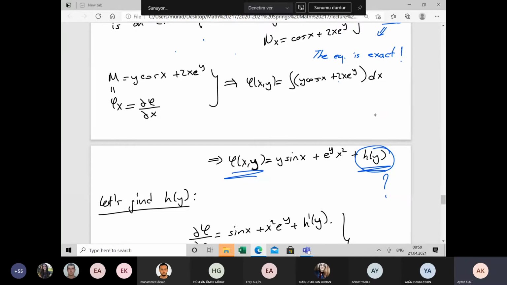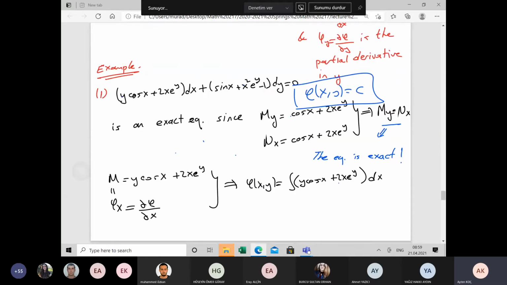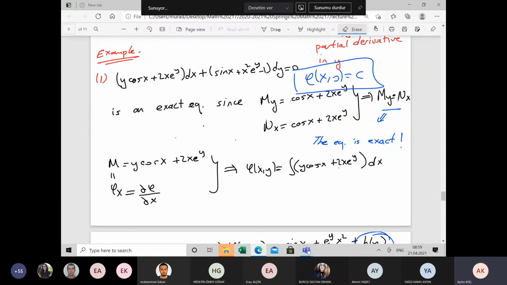Now let's find h of y. How to find h of y? We know at the beginning that d phi is phi sub x dx plus phi sub y dy, and phi sub y is equal to N. Now let's use this.